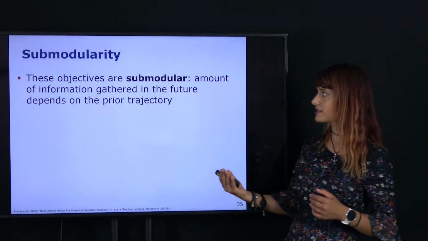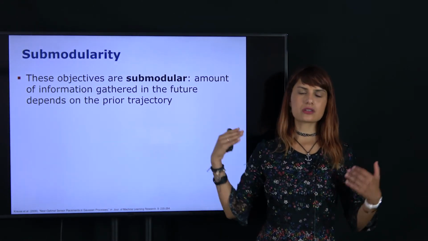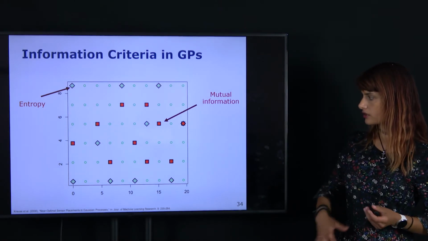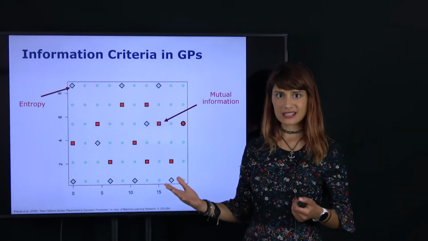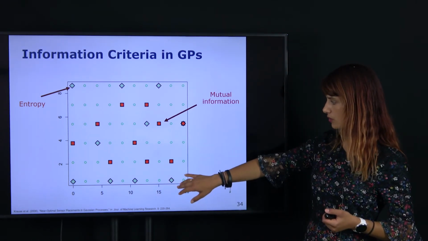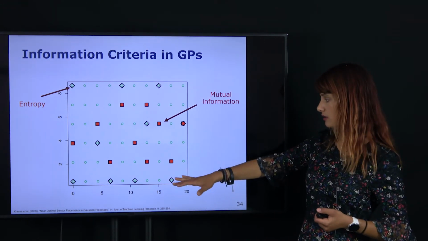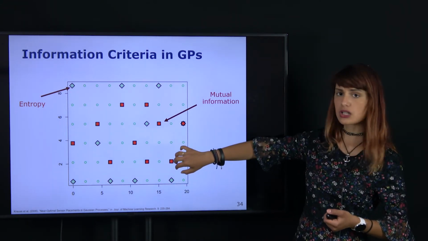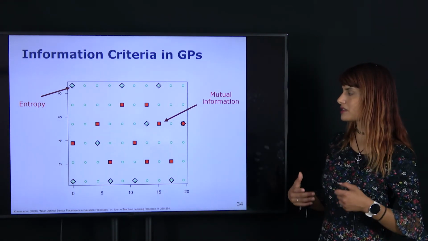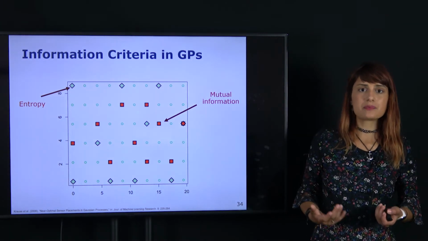Submodularity simply tells us that the amount of information we gather in the future depends on the previous trajectory. We look at an example of this on the next slide, but if we took a measurement at this location in the corner, and we were now to place a sensor or guide another robot to a location very close to it, that wouldn't give us much novelty or provide much new information for our model because we have spatial correlations.